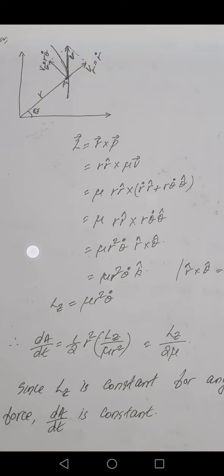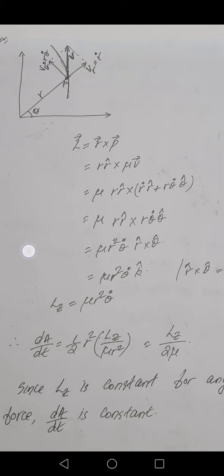The radial component is in the same direction as r, so that will cancel in the cross product. We are left with mu r r cap cross r theta dot theta cap, that is mu r squared theta dot times r cap cross theta cap. r cap cross theta cap is the direction perpendicular to both r and theta, which I take as k, that is, the z direction.